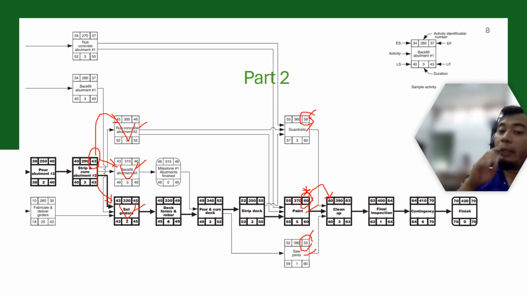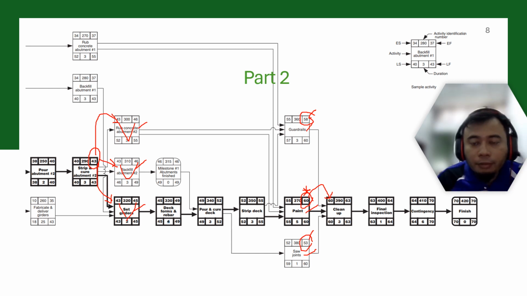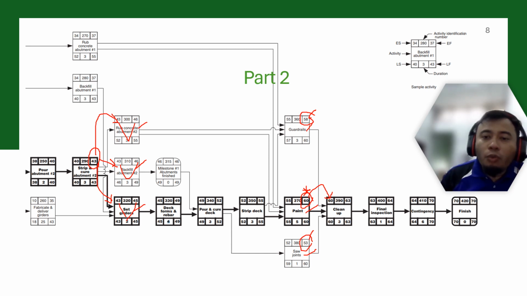Nowadays we have Microsoft Project, but that requires a subscription, and we also have various types of project management software. But the fundamental is what we are learning. This is a manual method.